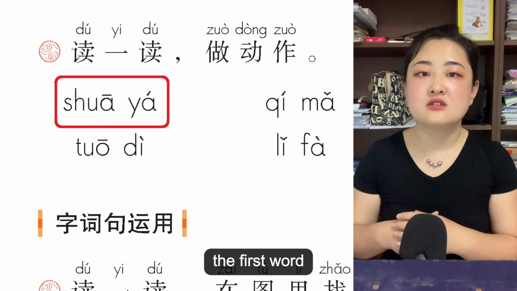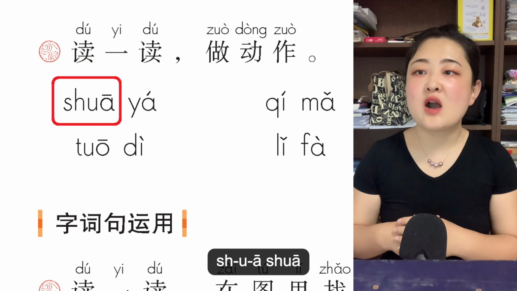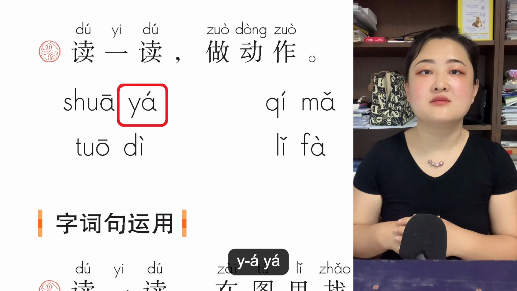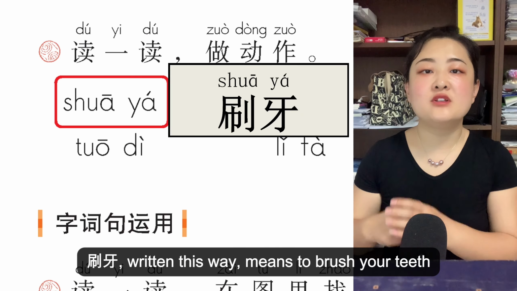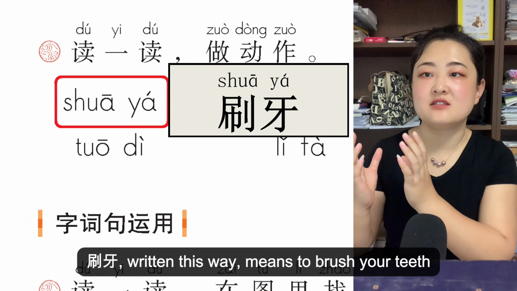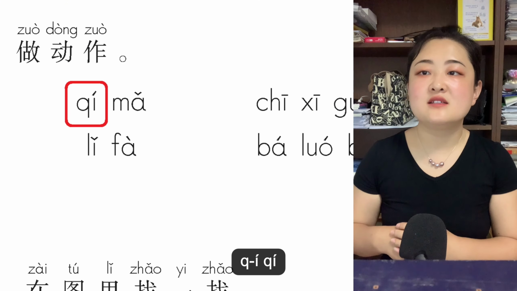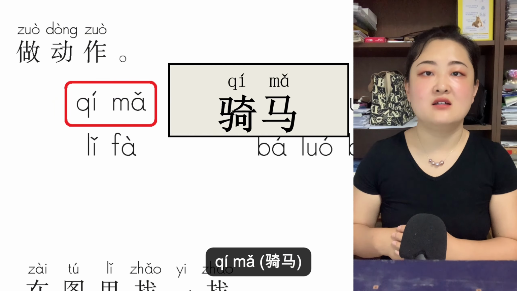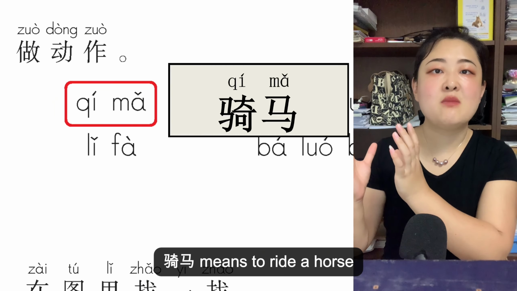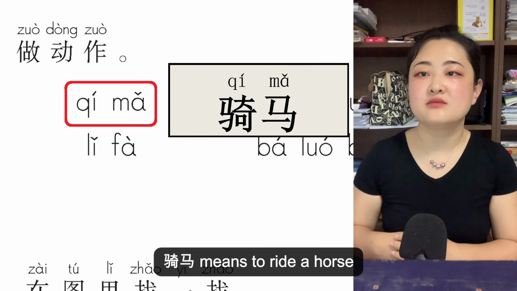The first word, spell after me. 刷牙, written this way, means to brush your teeth. The next one, 骑马, written this way. 骑马 means to ride a horse.